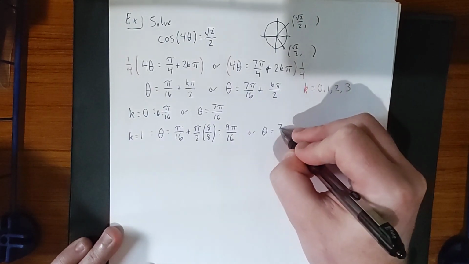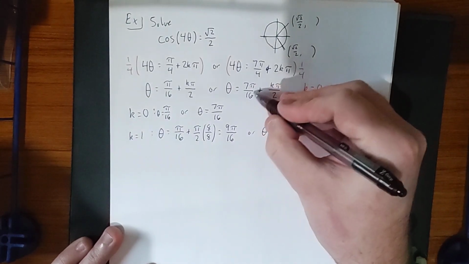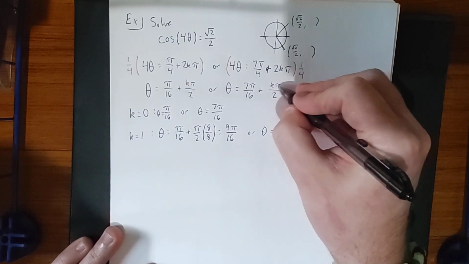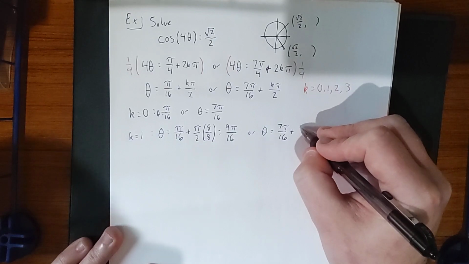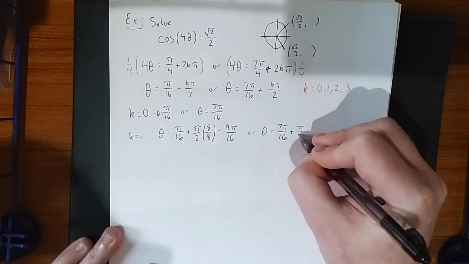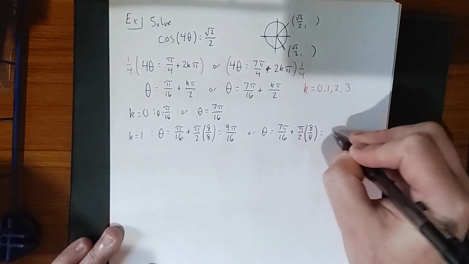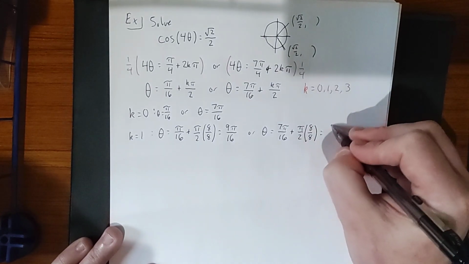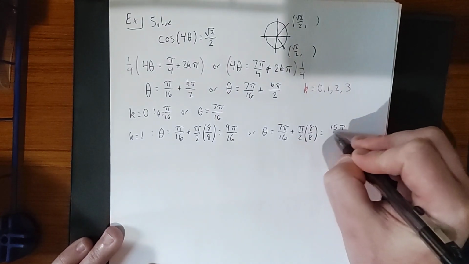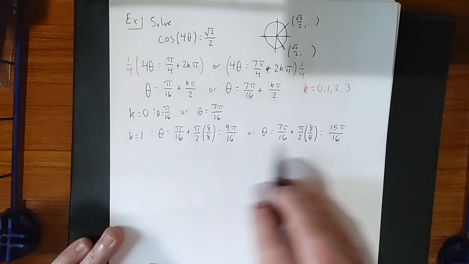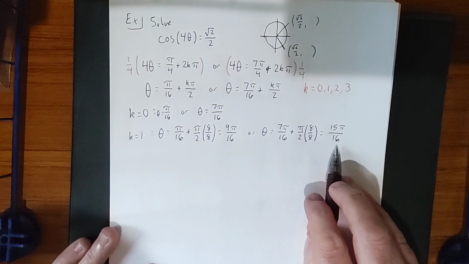Doing the same thing for the second part, 7 pi over 16 plus 1 pi over 2. Once again, we'll need a common denominator, so we'll multiply the second by 8 over 8. 7 pi plus 8 pi will give us 15 pi over 16. Again, both of these angles still lie within 0 to 2 pi.